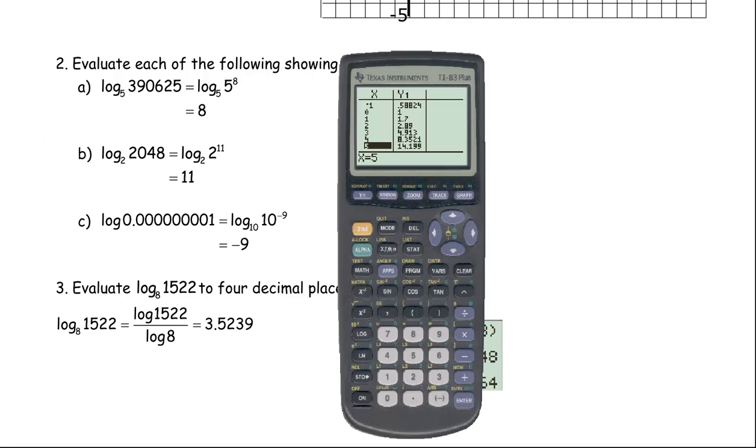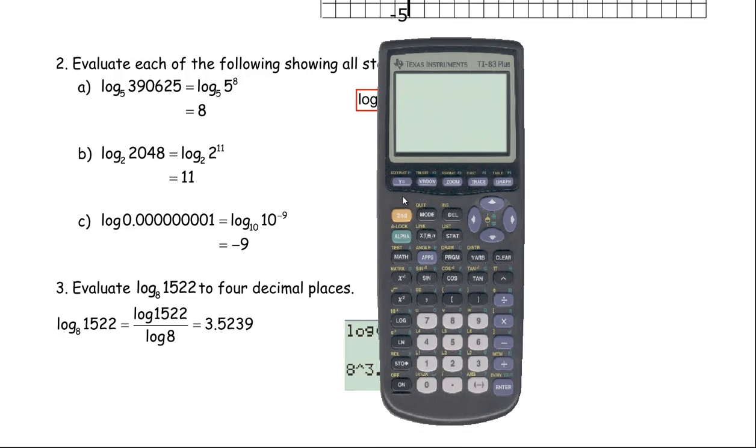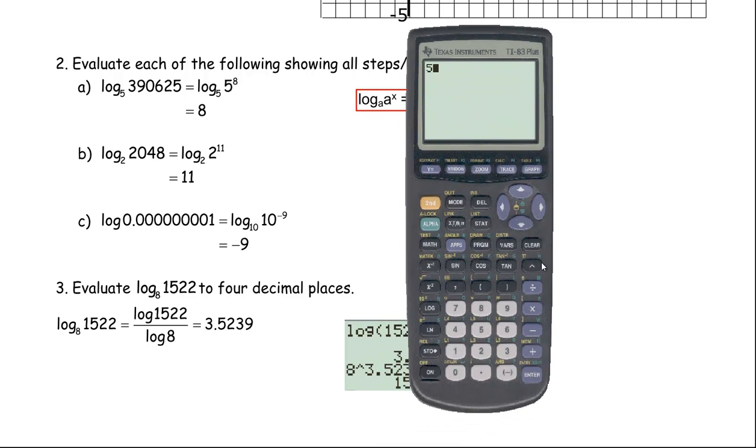So let's go get my calculator here. Now, you could try powers, 5 to the power of 4. Oh, that's not big enough. 5 to the power of 5. That's not big enough. There is a quick way to do this. In fact, if you take the log of 390,625 divided by the log base 5, then you could just do that.